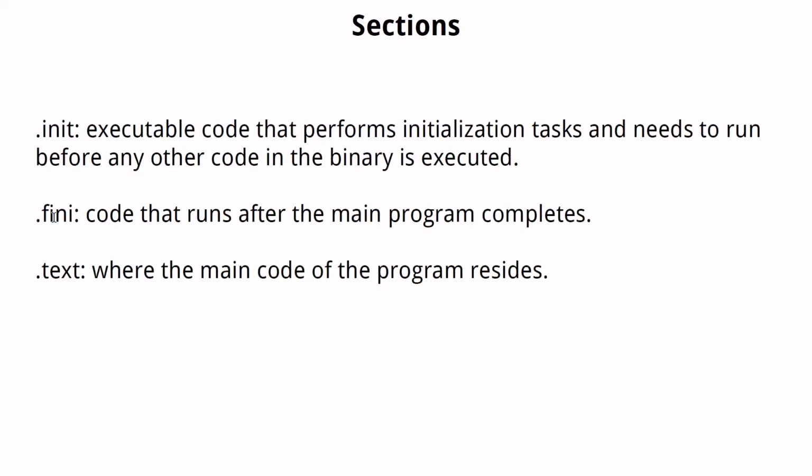Most important sections: the .text section, where the code is. Also the .init section, where the initialization code is. Usually for library functions, some of the C library functions like start main, because when you program, you only program the main function and other functions.